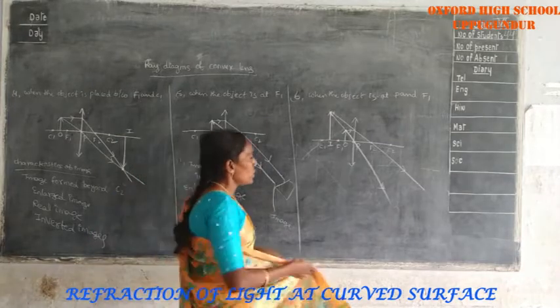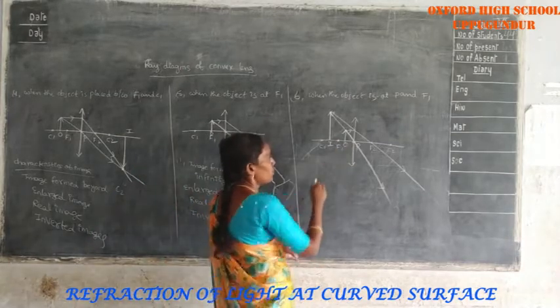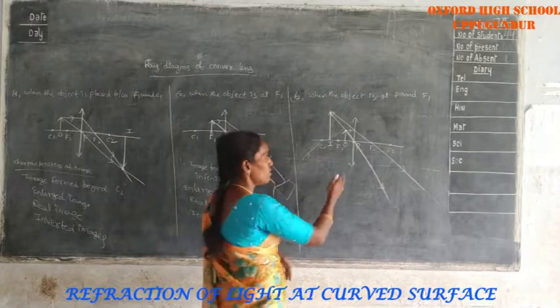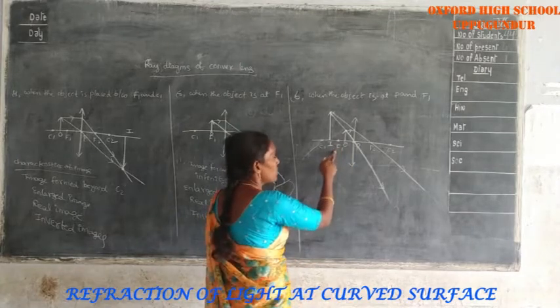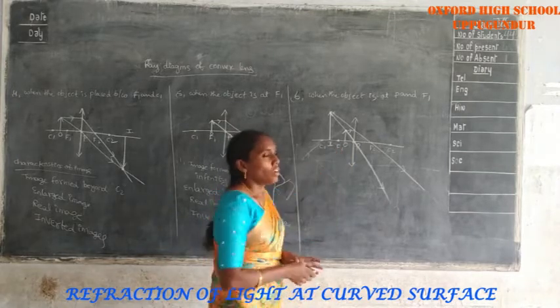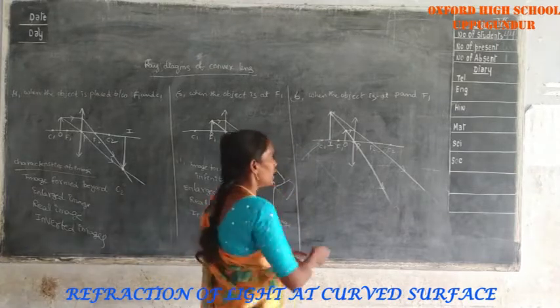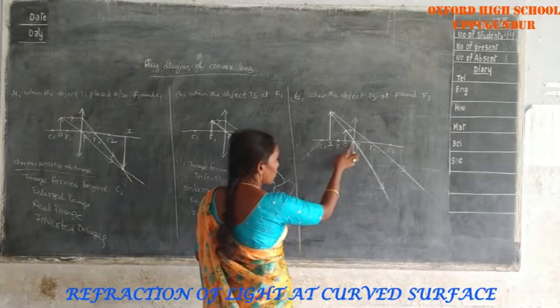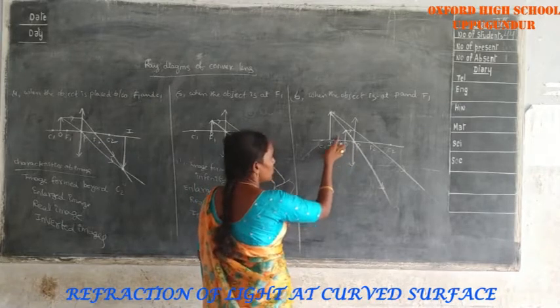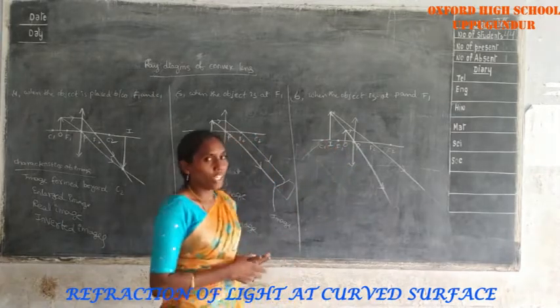That means when the object is placed between pole and focus, the image should be formed on the same side of the object.